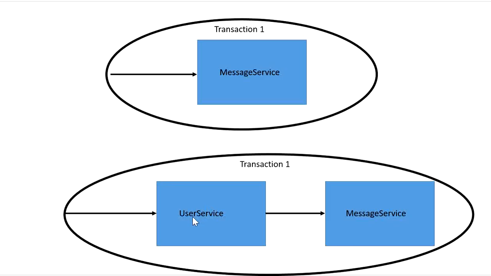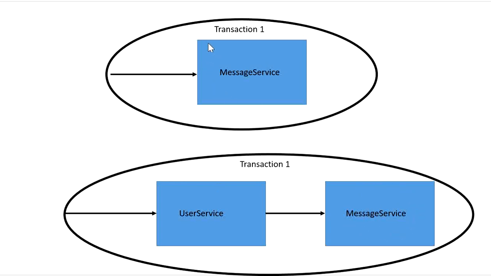But in the user service layer, if I am calling the add user function and we have declared transaction type REQUIRED, then a new transaction will be created here. But at message service we have declared propagation level SUPPORTS, so it will use the already created transaction, it will not create any new transaction.